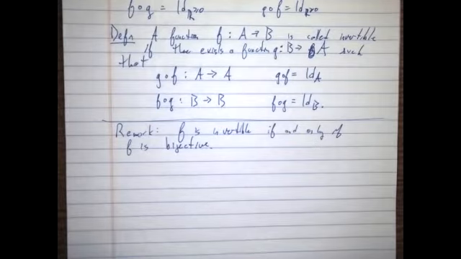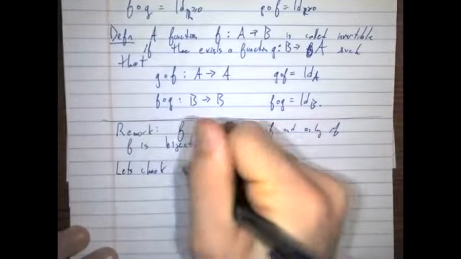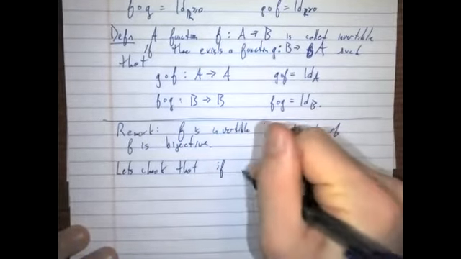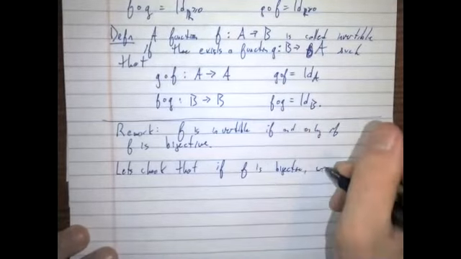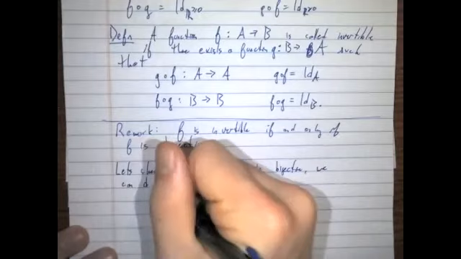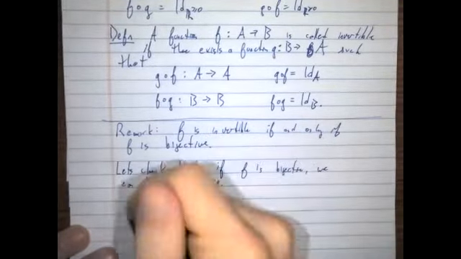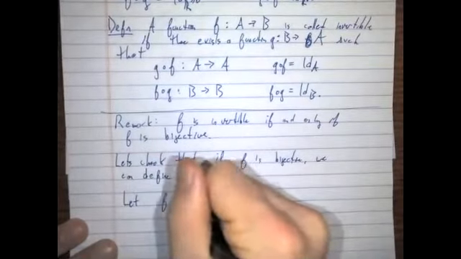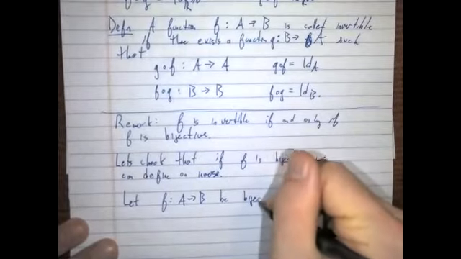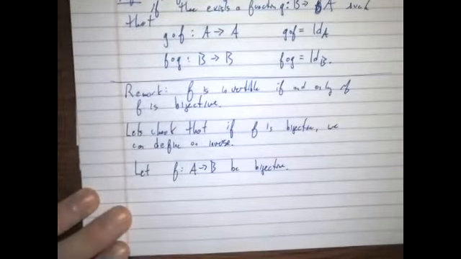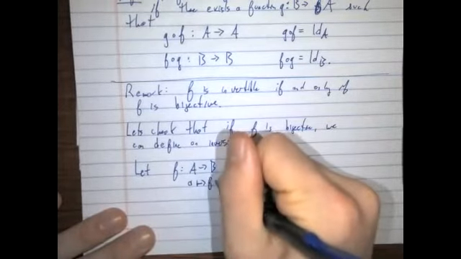And so what I briefly want to just discuss before we move on is how this idea kind of goes. So let's check that if f is bijective, we can define an inverse. So let f from A to B be bijective. And here I'll write it a maps to f of a.